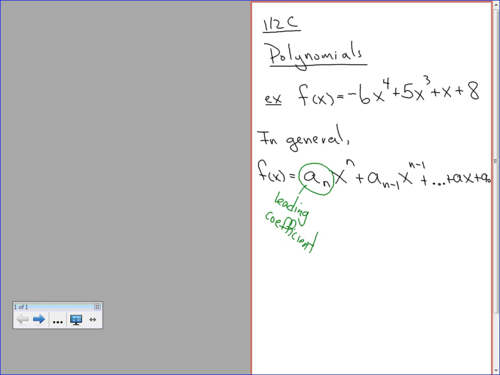The highest exponent in the polynomial, which is always going to be the first one here when you have it in standard form, helps you find out the degree of the polynomial. So whatever the exponent is, that's the degree of the polynomial. So my first example, the degree of this polynomial would be 4. The last term, the one without the x, is called the constant term.